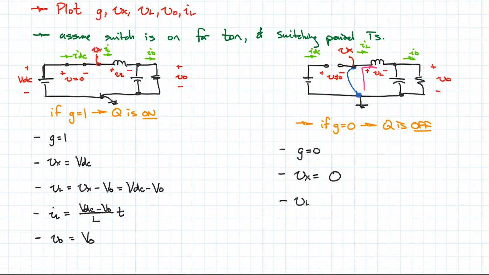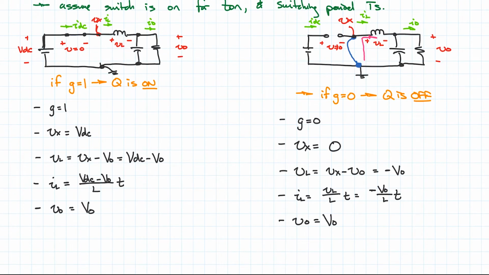What's the next thing we want? We want VL. VL is equal to Vx minus VO. But Vx is equal to 0, so it's just equal to minus VO. And then we want to find IL, and IL is equal to VL over L times T, which is equal to negative VO divided by L times T. And again, VO equals VO, which is what we know from before.